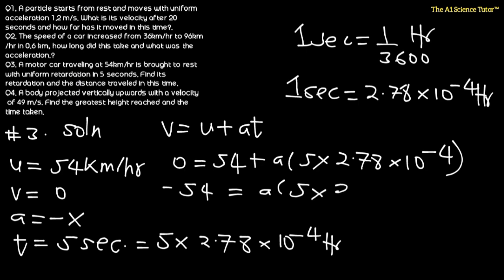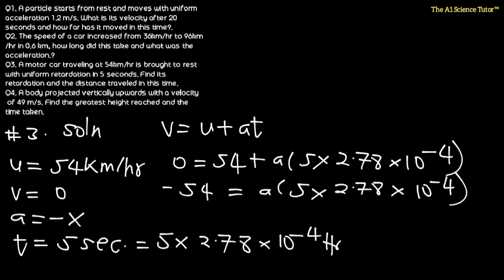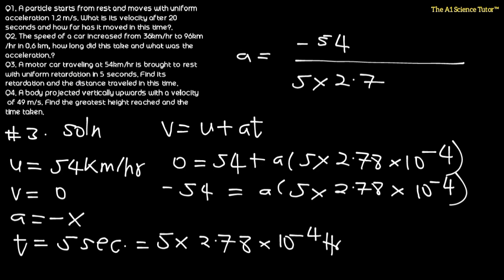So that is 5 multiplied by 2.78 multiplied by 10 to the negative 4. So we have a. A will be negative 54 divided by this long figure, 2.78 multiplied by 10 to the negative 4.